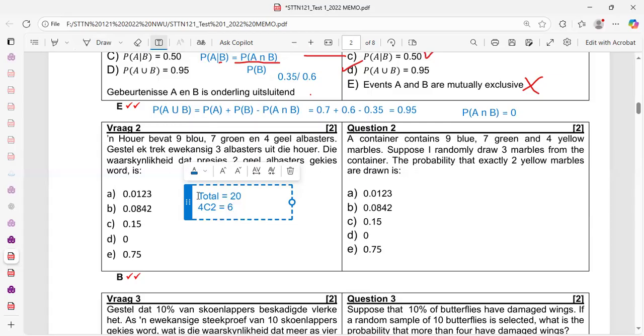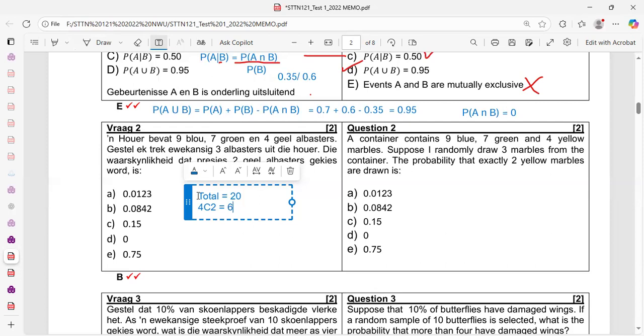Now, since we have 6 as the combination there, for us to find the total number of ways to draw the 3 marbles from 20, I know the question is not tricky, but you need to make sure that you understand the question.